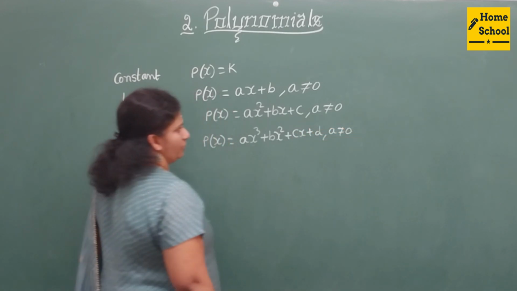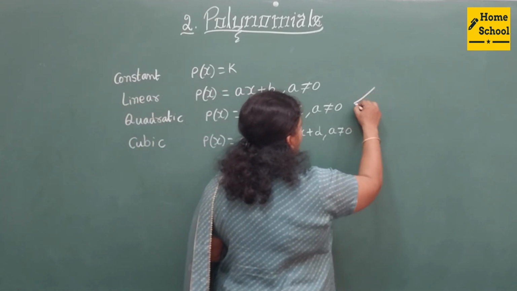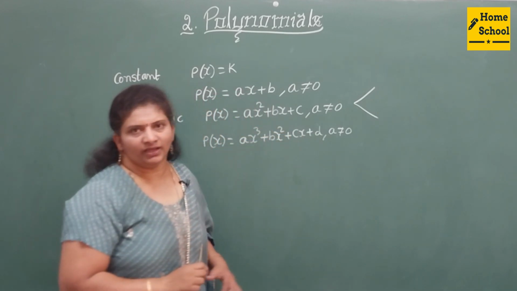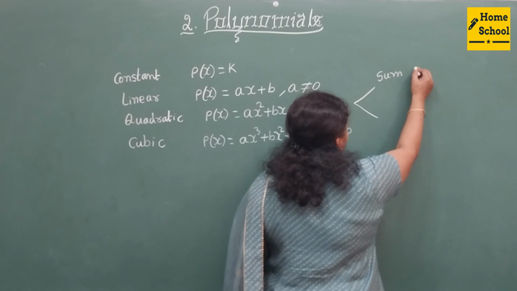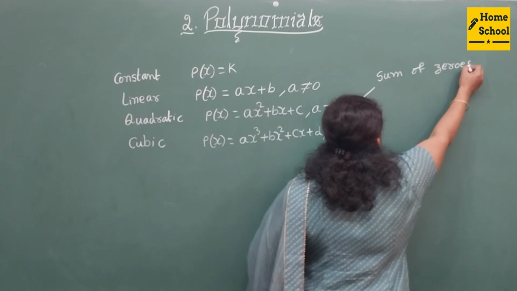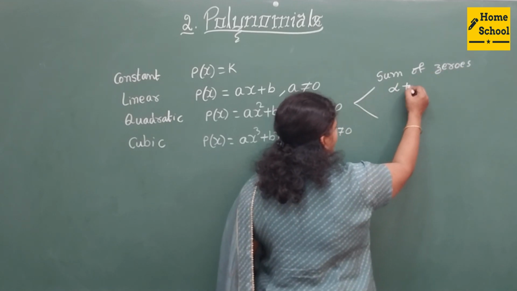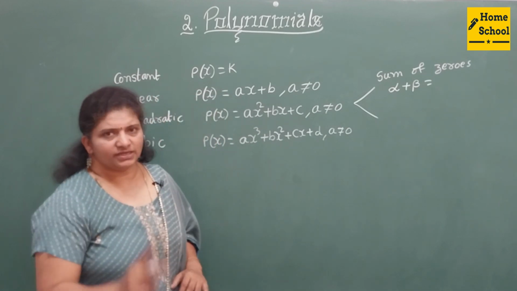Next, we are going to find the sum and product of zeros of a quadratic polynomial. Sum of zeros, that is alpha plus beta. Let alpha and beta be the two zeros.